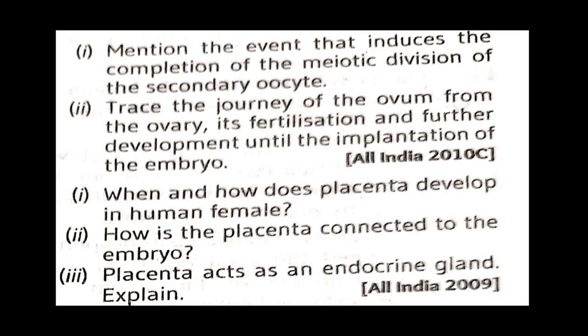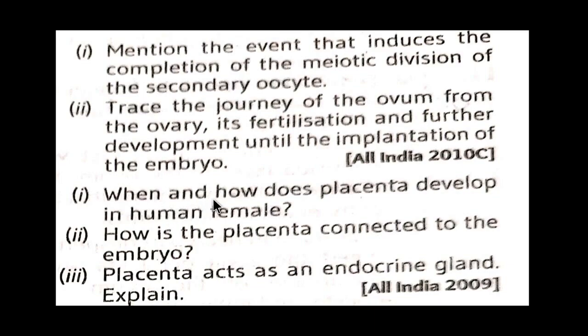It reaches the ampullary-isthmic junction where fertilization takes place. Then cleavage starts, which causes 2, 4, 8 and 16 daughter cell called blastomere. Then 8 to 16 blastomere is called morula. Then morula continues to divide into blastomeres. So all these till the trophoblast gets attached to the endometrium wall. Okay. So 8 points should be written.